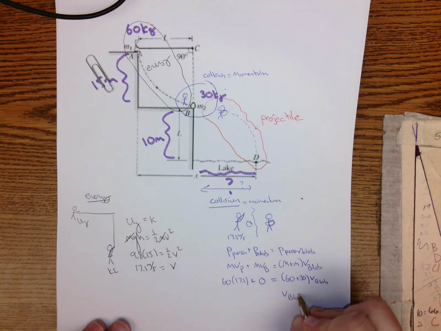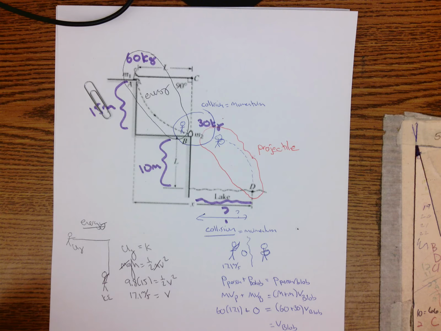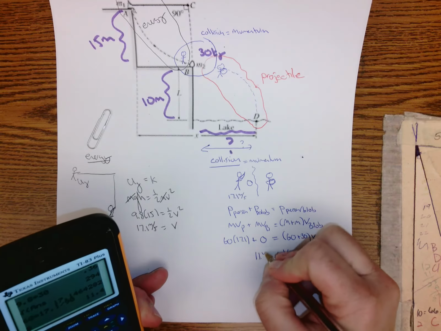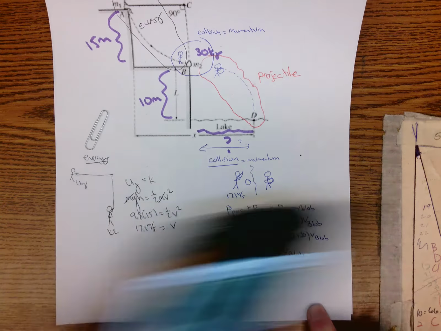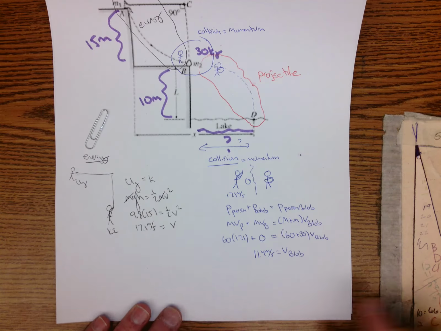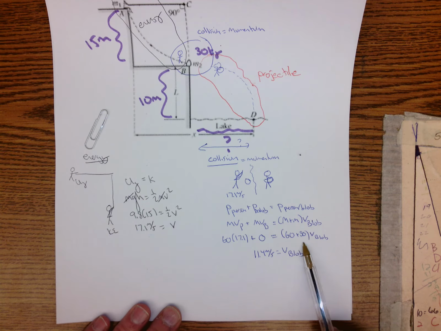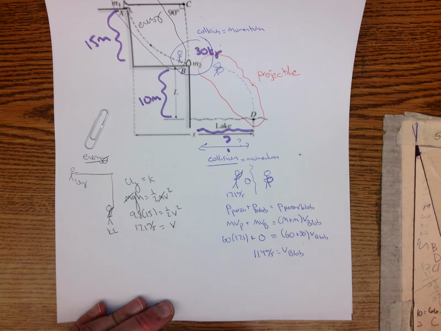Velocity of both of them after the fact, when I put this into the calculator, is 11.4 meters per second. Now I pause. I'm like, is that a reasonable number? It was going 17.1. The mass just got bigger. So yeah, it makes sense that he's going to be going a lot slower. There was a big force on him to slow him down as he pushed forward on the bag.